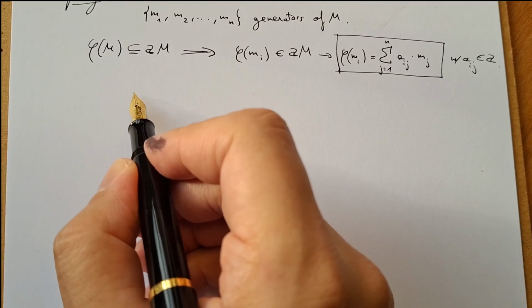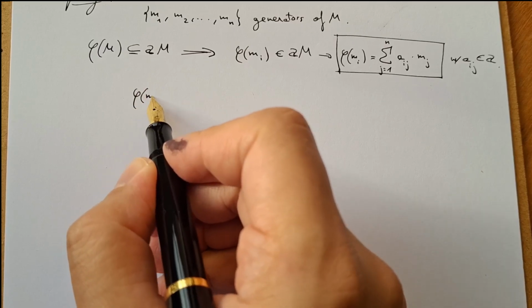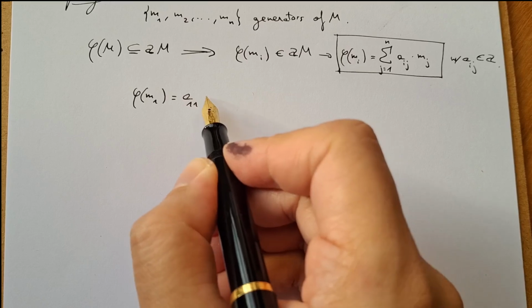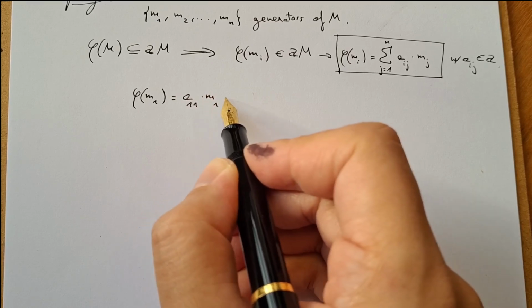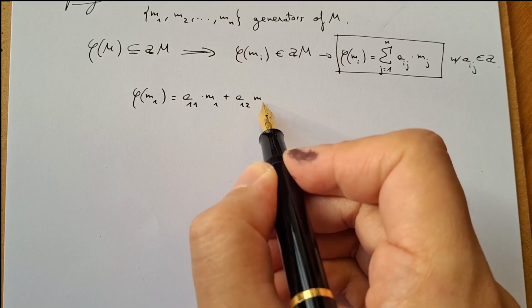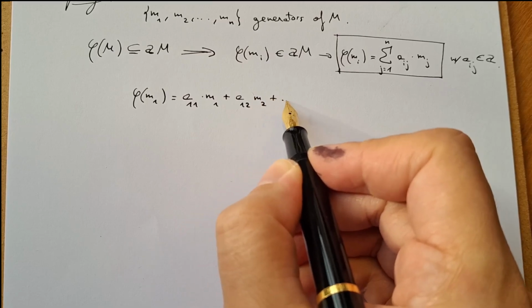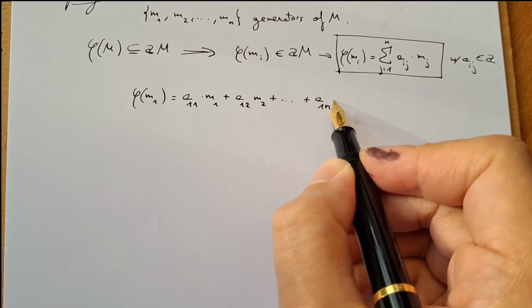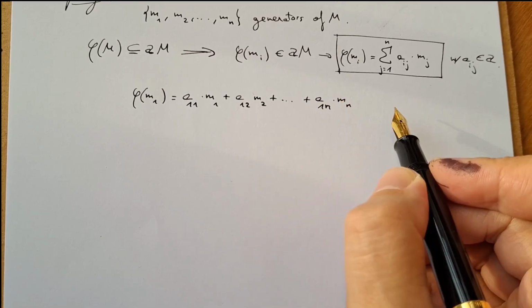What we have is psi of m1 equals a11 multiplied by m sub 1 plus a12 m sub 2, etcetera, till a1n multiplied by mn.